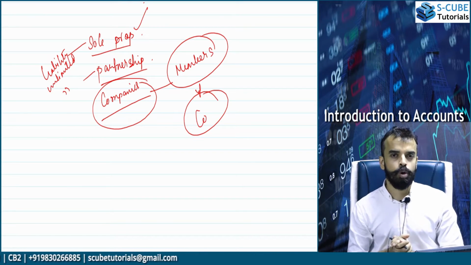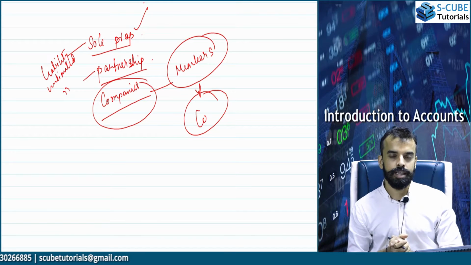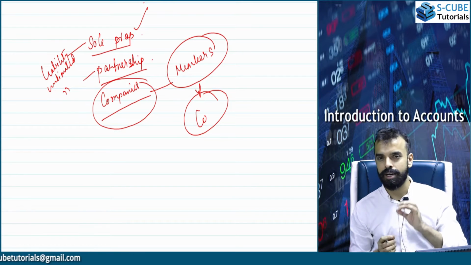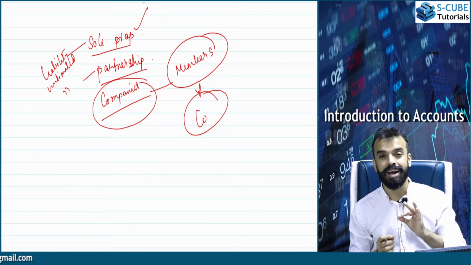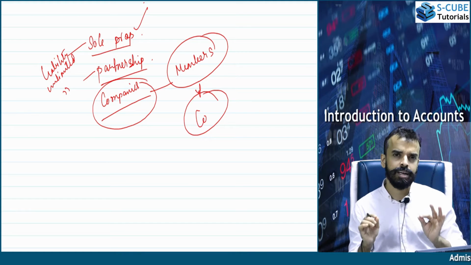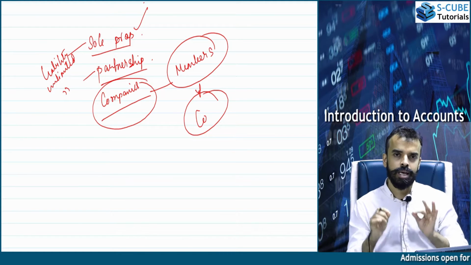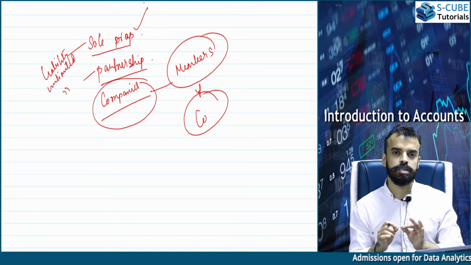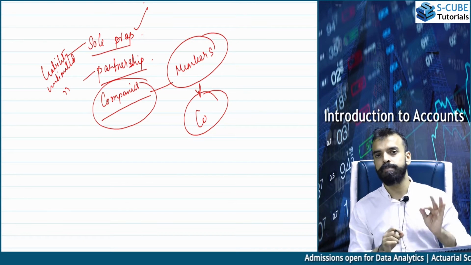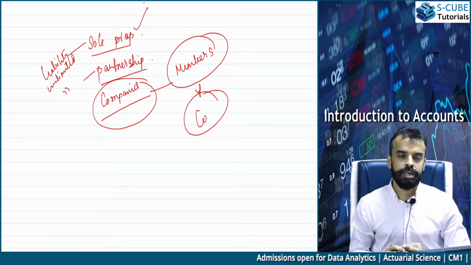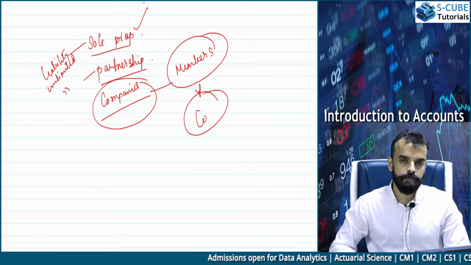Whereas if we talk about partnership business, there also it is the same, that is the liability of the partners is unlimited. They will be personally held liable for any losses in the business. They will have to bring in their personal wealth and make up for the deficiency in the partnership business.